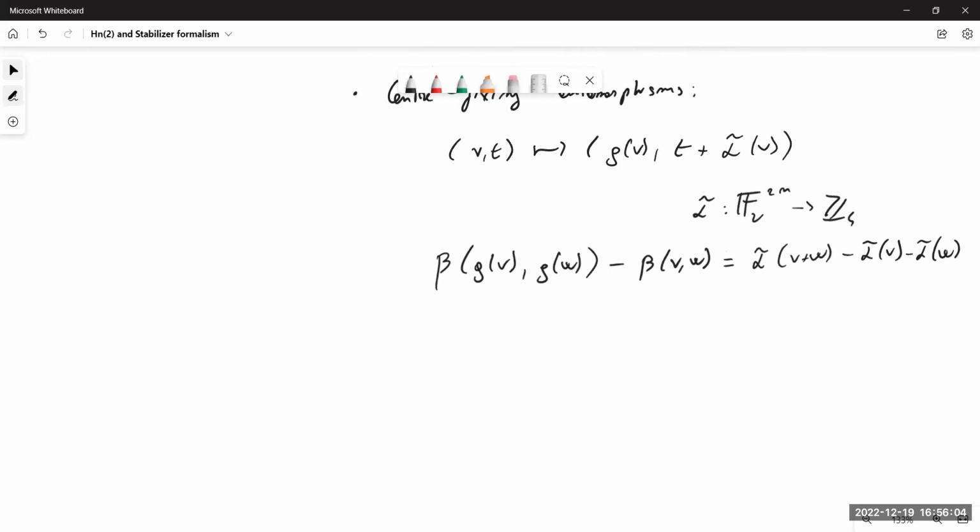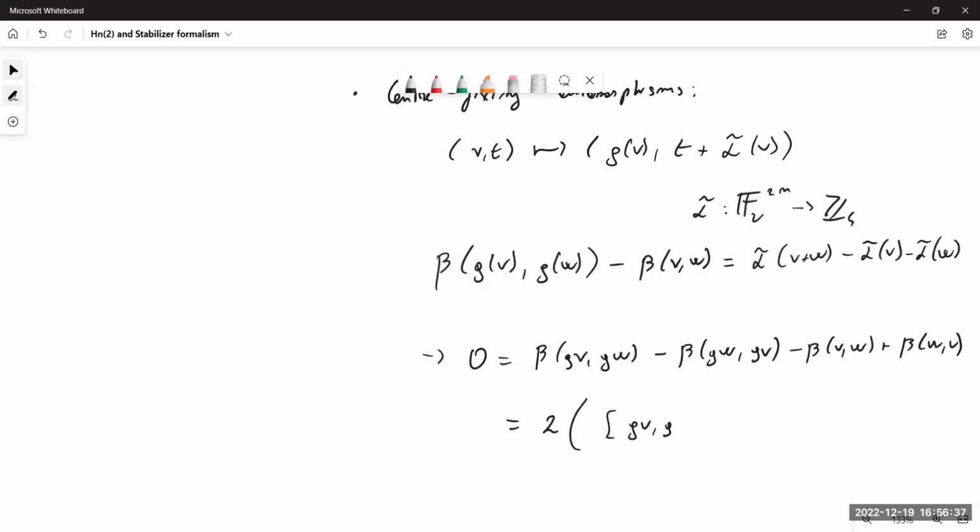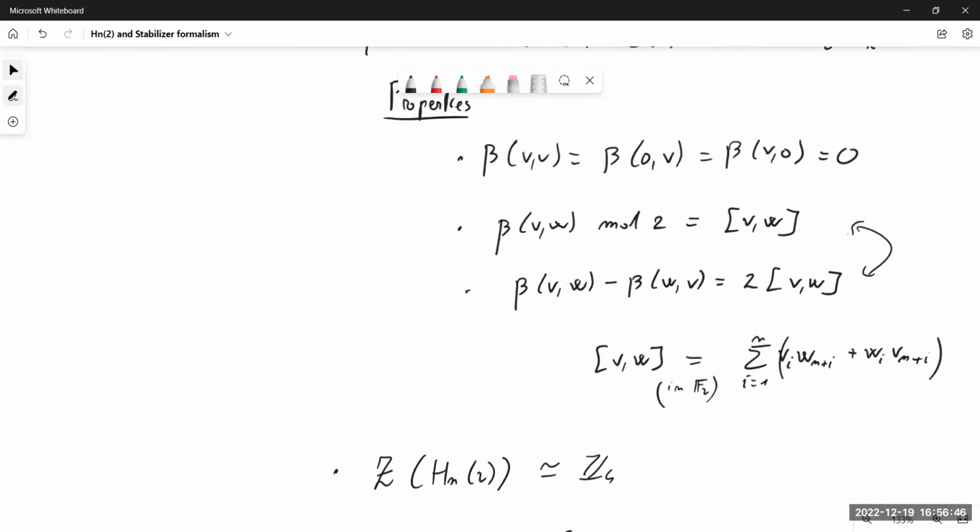And so you obtain the relation that 0 is beta of Gv, Gw minus beta of Gw, Gv, and then you have minus beta of vw plus beta of wv. And using the properties of beta, this is just 2 times beta of Gv, Gw minus vw, and we are using this relation here.